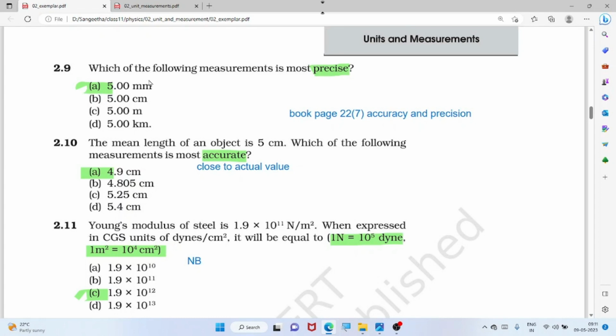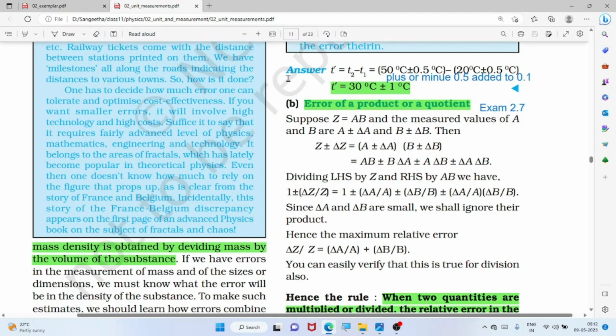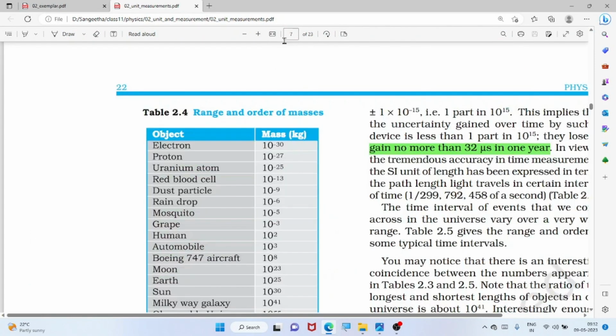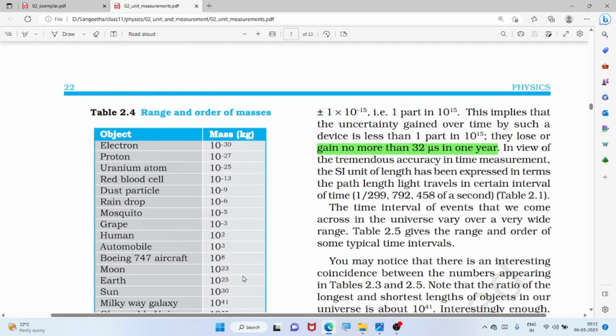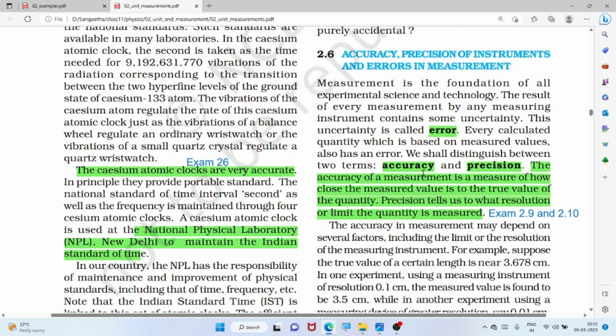So we are using millimeter, that is smallest among these, so it will be more precise here. So this is the difference between the precision and the accuracy, okay.